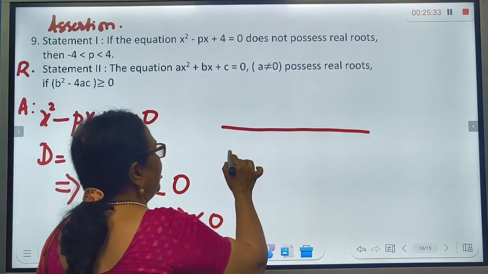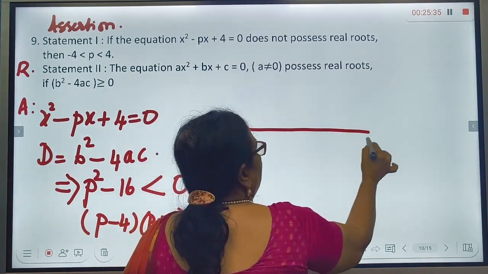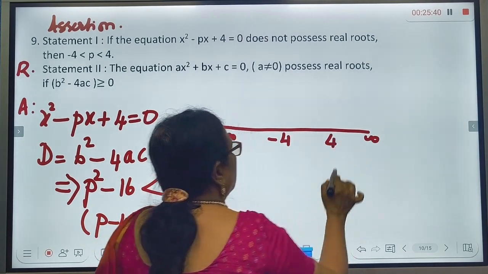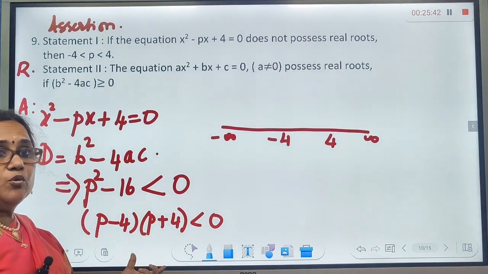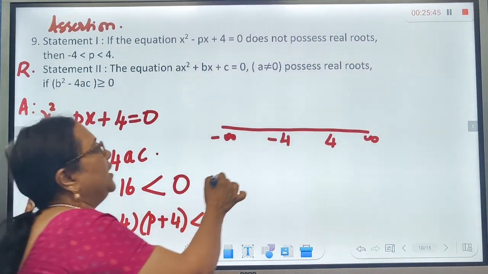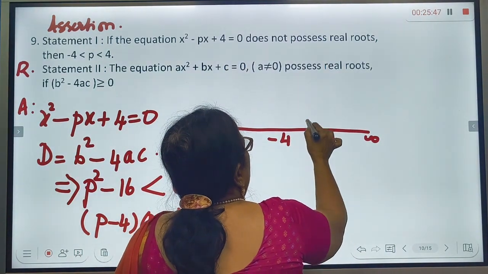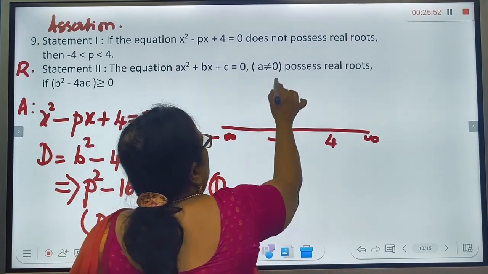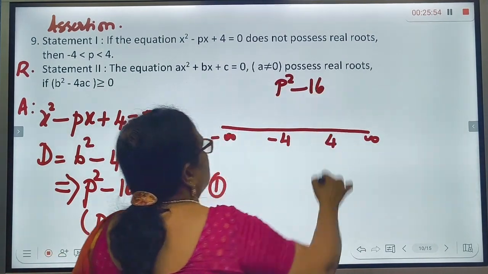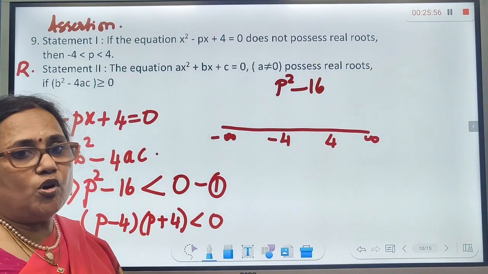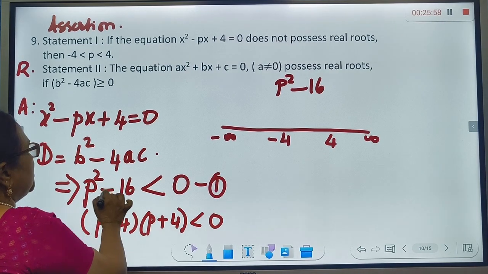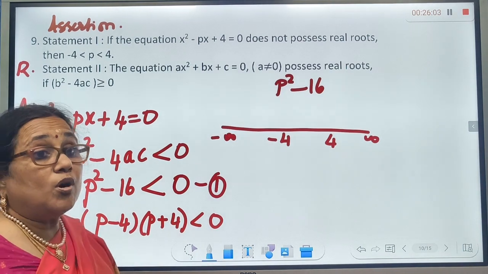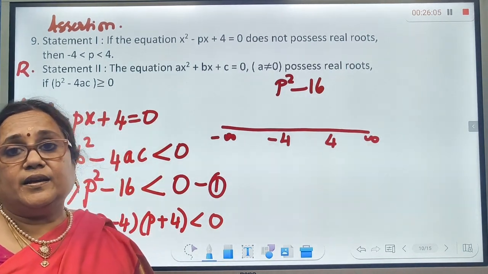Let us divide the real line, minus infinity to infinity, in terms of minus 4 and 4, because they are the points where it can become equal to 0. Now, let me take any value here. If I take x equal to 0 and substitute in p square minus 16, where is it negative? That is what we want to see, because the condition is b square minus 4ac should be less than 0 in order that the quadratic does not possess any real roots.